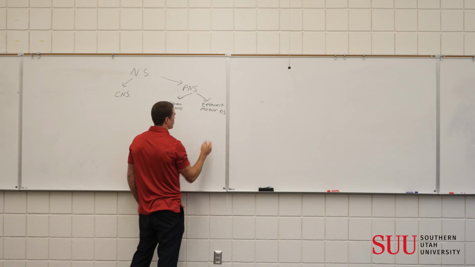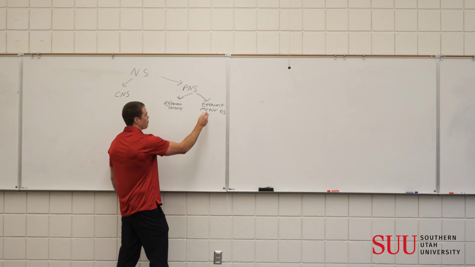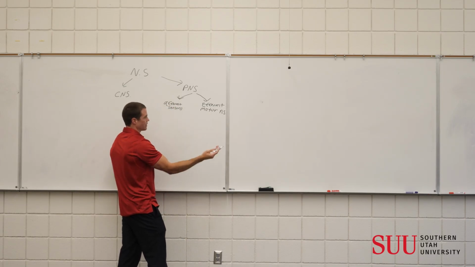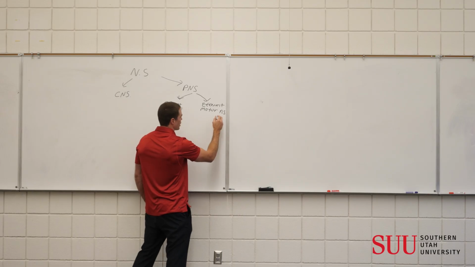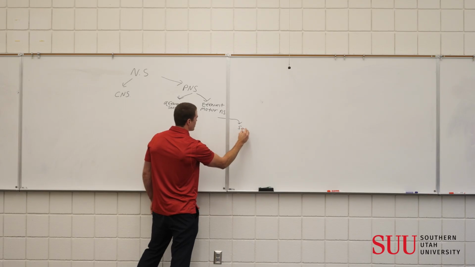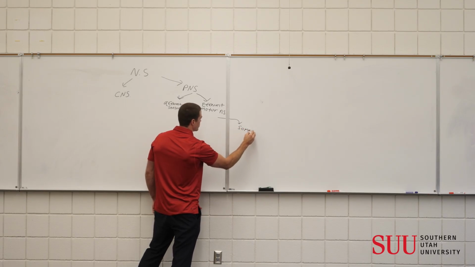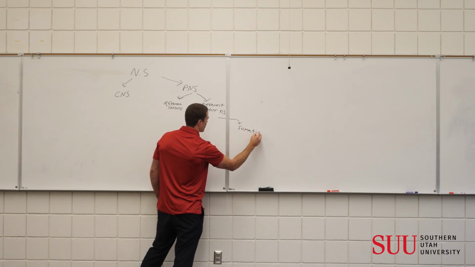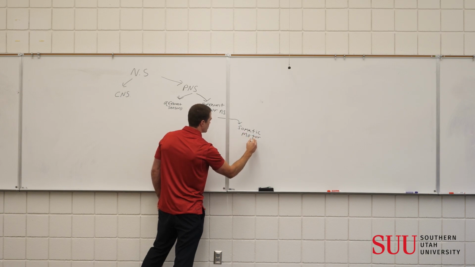Let's put NS, your motor nervous system. And we can divide this one out even further, okay? So for example, we can take here and we can say you have your somatic motor neurons.